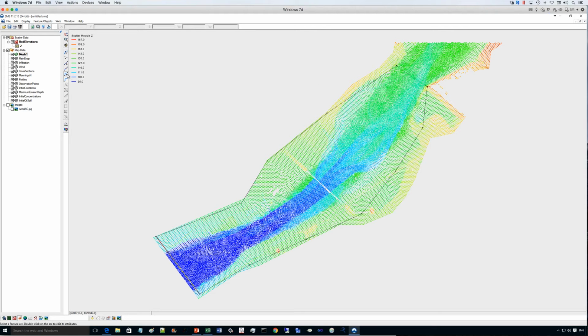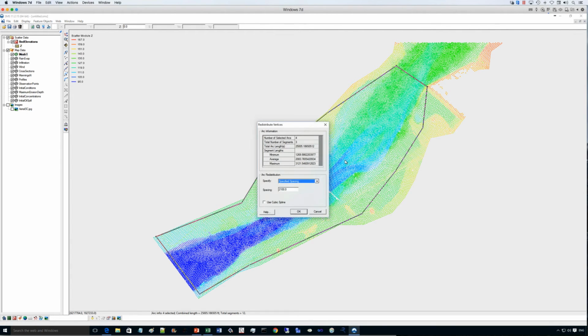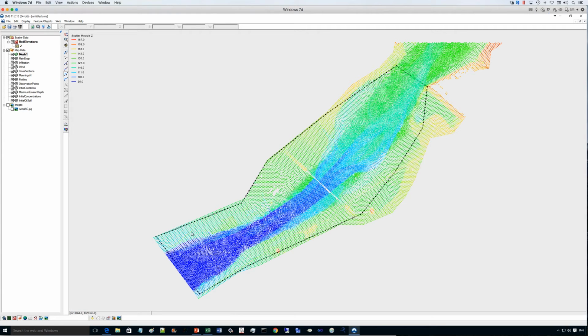Okay, so now we have this external polygon. I will select all the polylines that I created, and I will redistribute the vertices, because this vertex spacing is the one that the SMS uses to refine or create the mesh here.